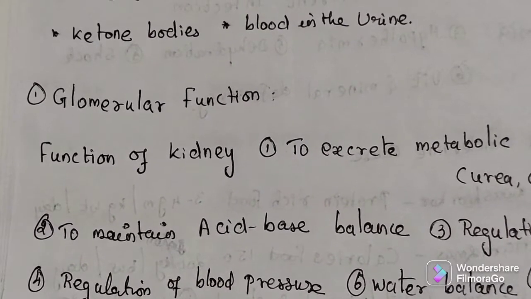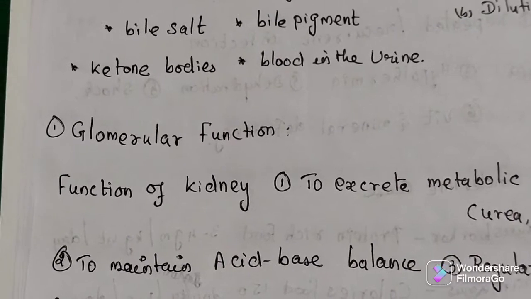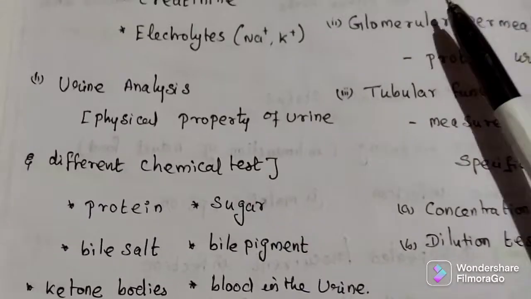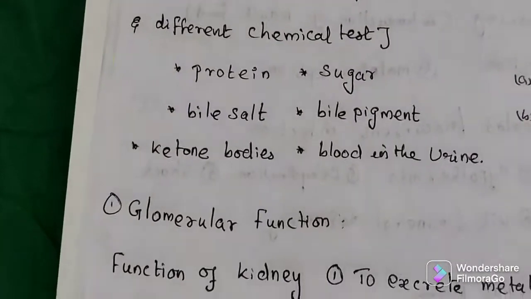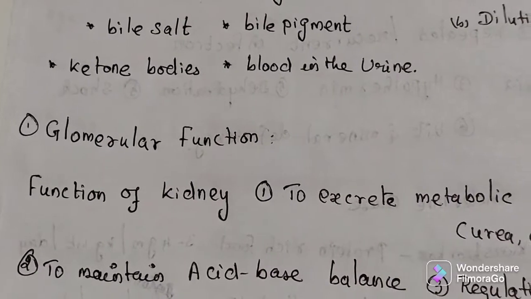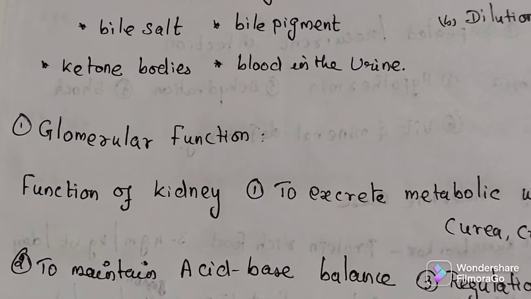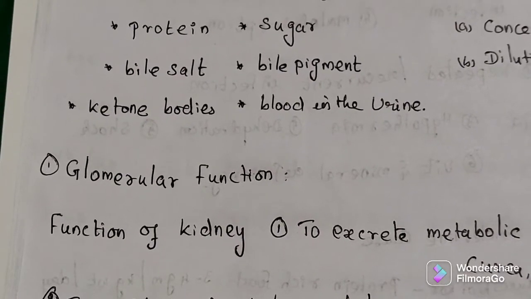So now we are discussing renal function test. First one is glomerular function, that is glomerular filtration. What are the functions of the kidney? It is responsible for various functions.